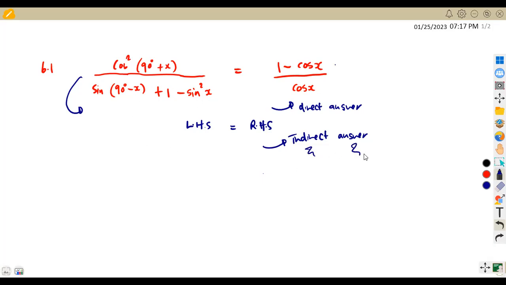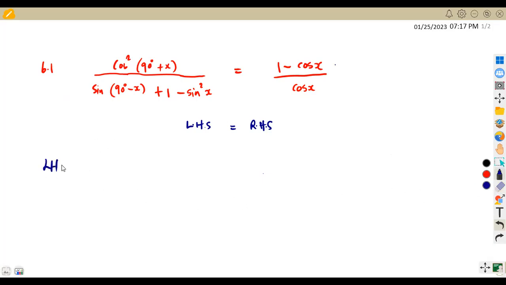These are the two conditions that can happen. In this case, we do not know whether it is going to be direct or indirect. Let's see. You choose to work from one of the sides.